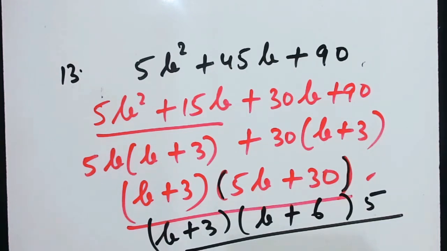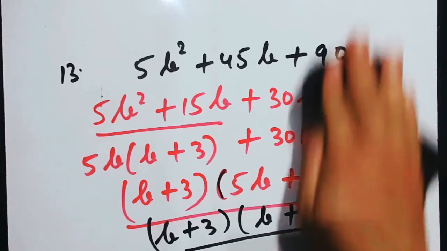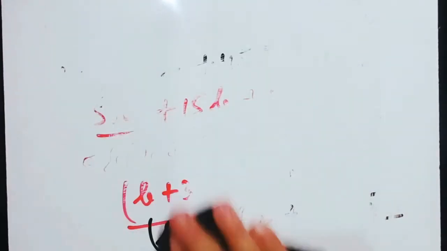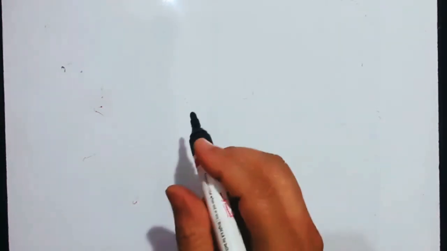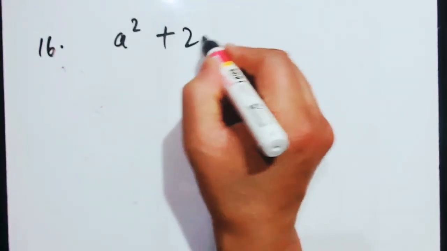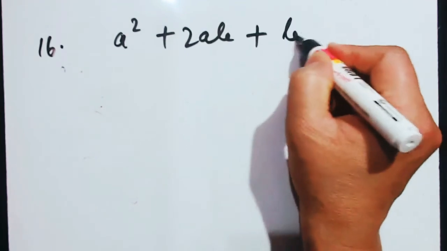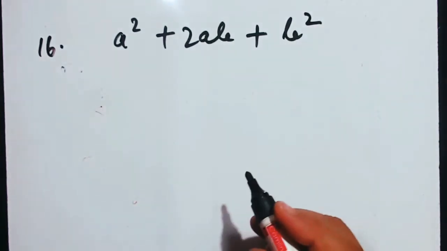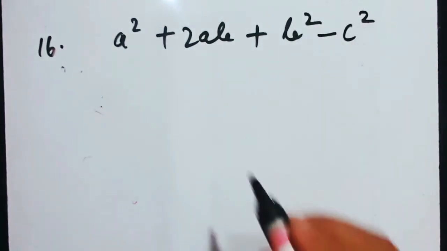Okay, but there are some variations in number 16, and in 16 we find that they have given us sums related to a square minus b square in a different style. That is number 16, a square plus 2ab plus b square minus c square.